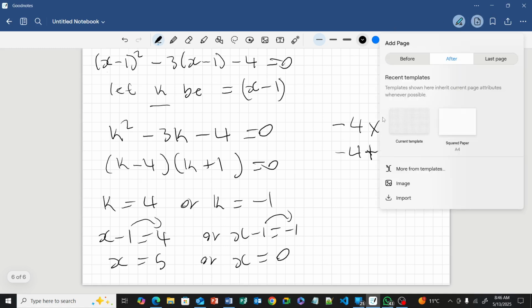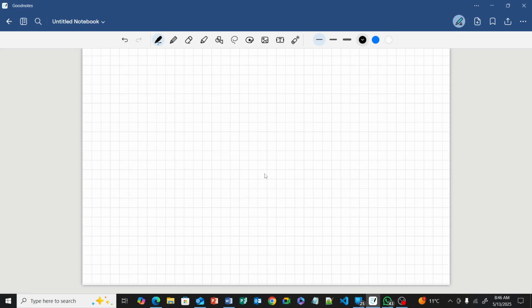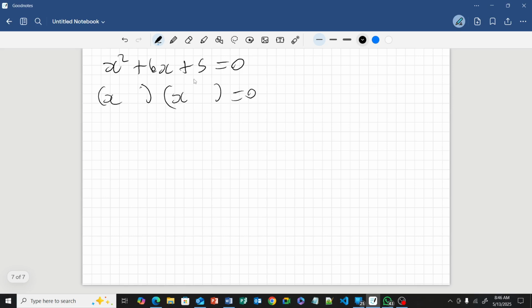This is what we have. Now, can you factorize this? Let's see. If we open two brackets equal to 0, we put an x here, an x, and we look for factors of 5. So 5 times 1 is still equal to 5.